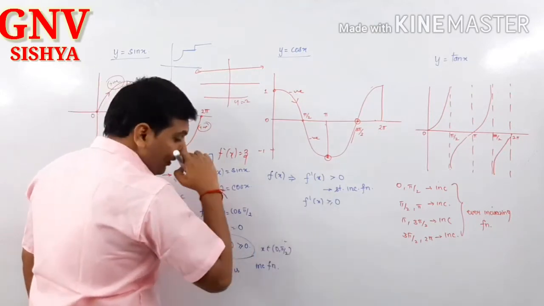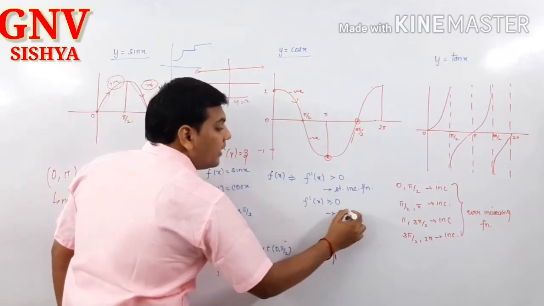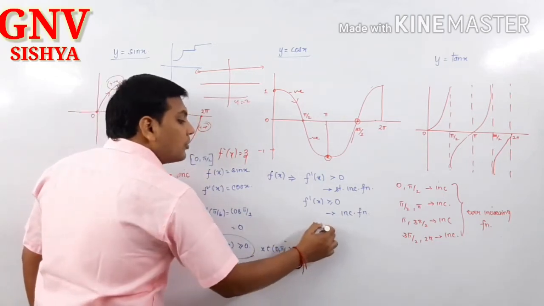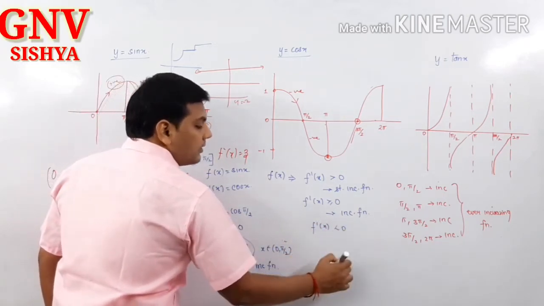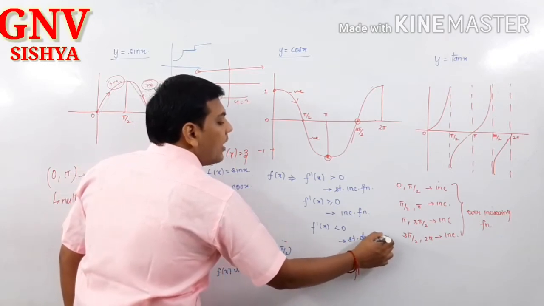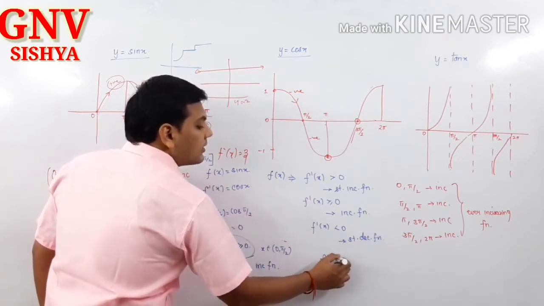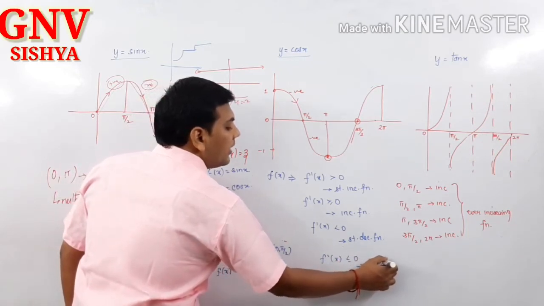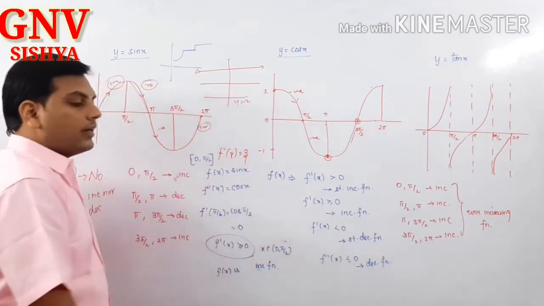So greater than or equal to 0 is said to be an increasing function. Similarly, if f dash of x is only less than 0, it is a strictly decreasing function. And if f dash of x is less than or equal to 0, it is a decreasing function. Can you understand?